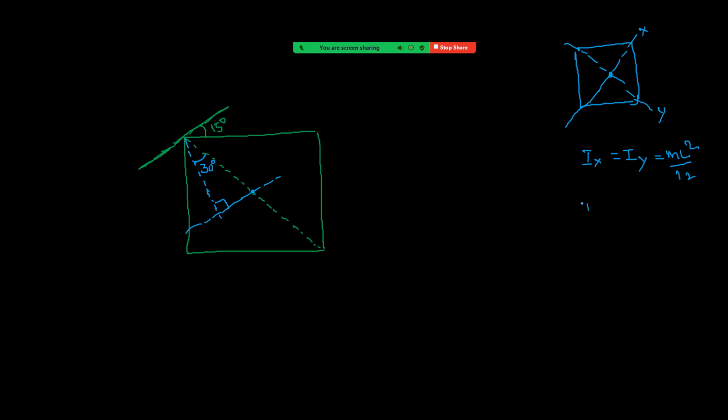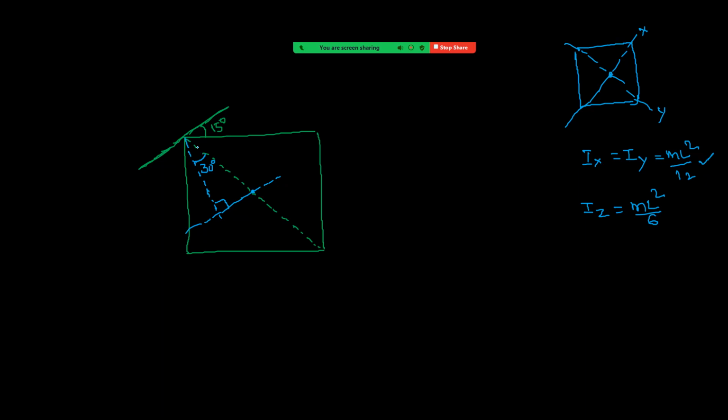Iz is always equal to Ix plus Iy, which is equal to ML square by 6. So here what I am saying, if we rotate these two axes by any angle, still these two are equal and that value is equal to ML square by 12. This result we are going to use now in this problem.